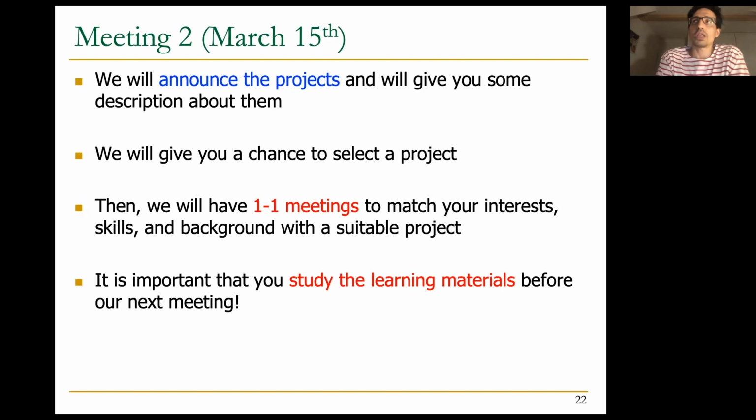I think that something reasonable is to have 1 or 2 meetings each week, depending on the difficulties that you find, or how much help you need, or how much progress you're making. Hopefully you will make a lot of progress. Yeah, and these meetings should be hopefully very productive as well.